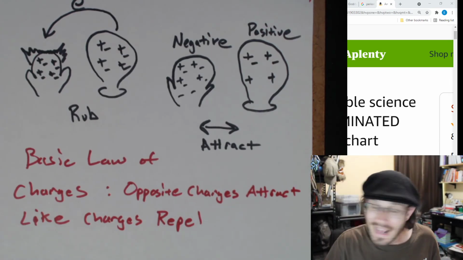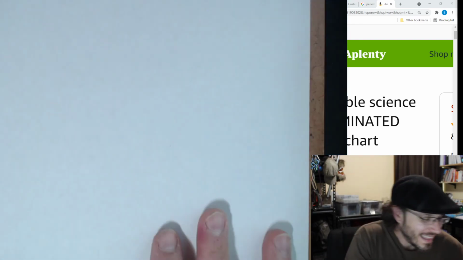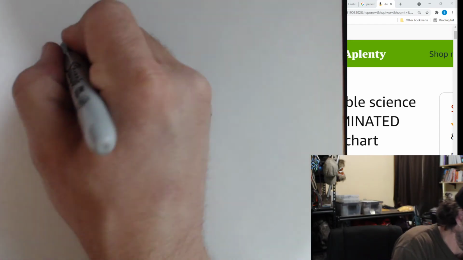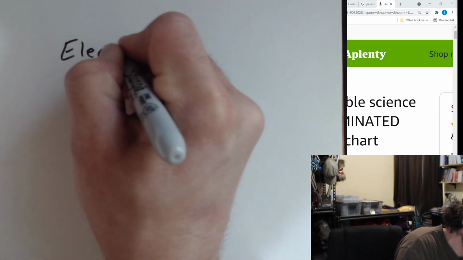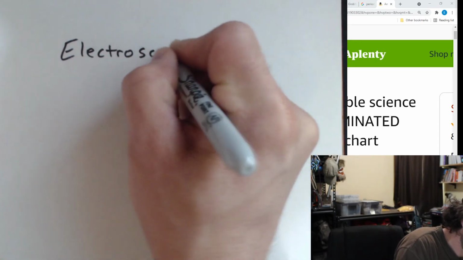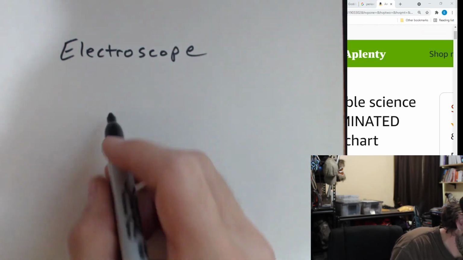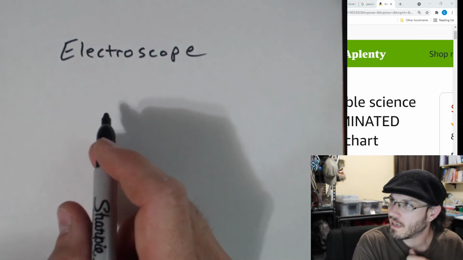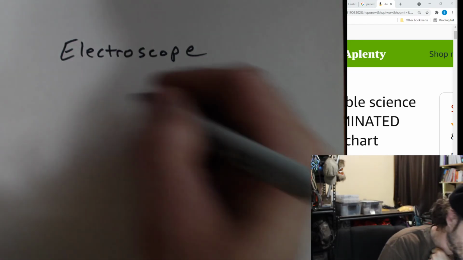Okay, let's talk about what we're going to see with this apparatus that I just brought out here. This is known as an electroscope. I have a jar with a conductor running down the center of it.